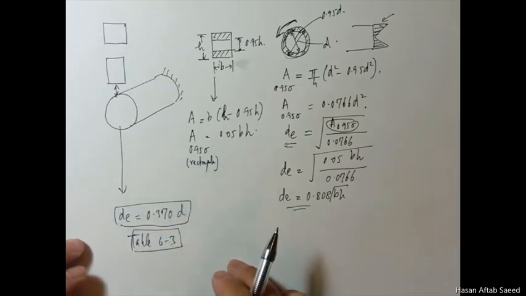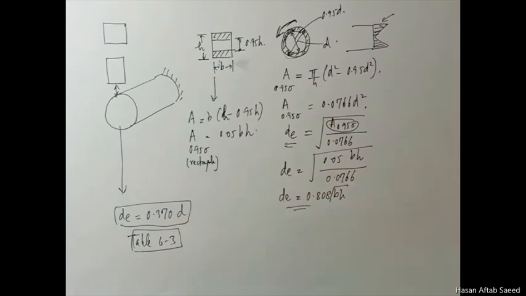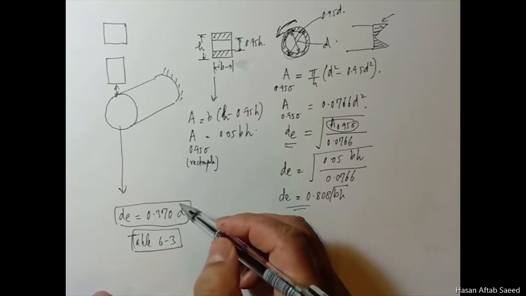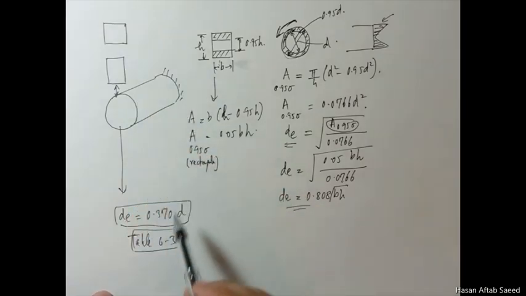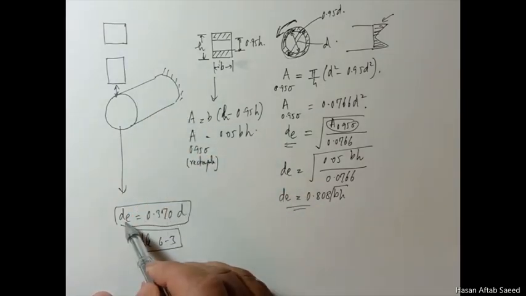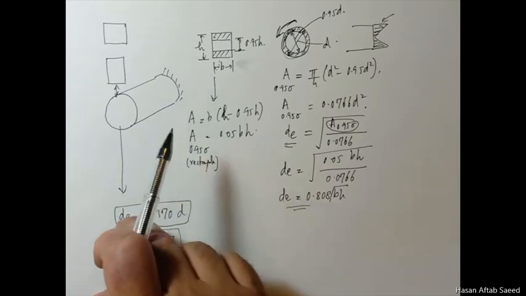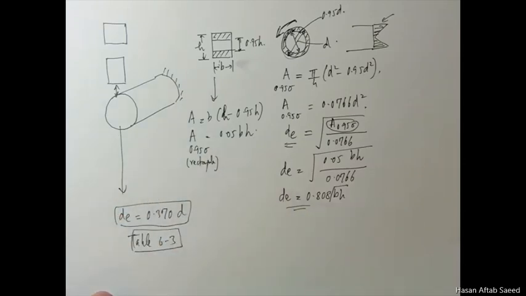So if the component is circular but it is non-rotating, you have to use this diameter for this and then multiply it with this, and then you get the equivalent diameter, and then this one you should use in your equation.